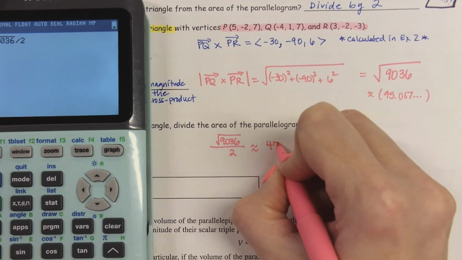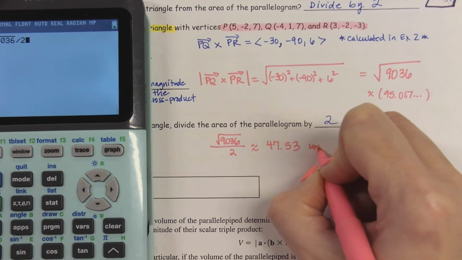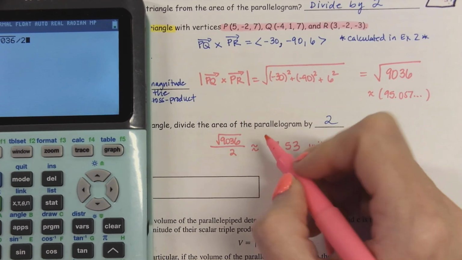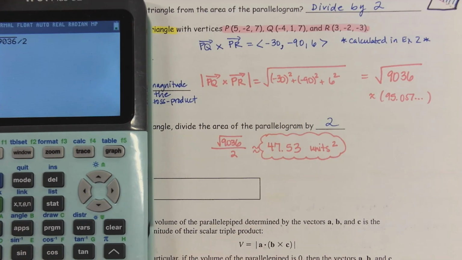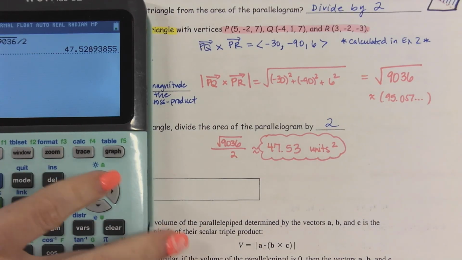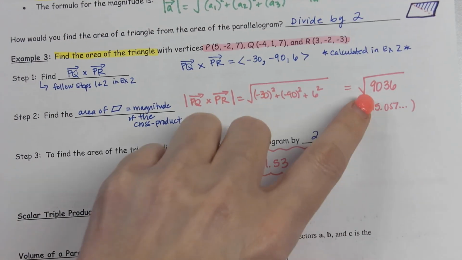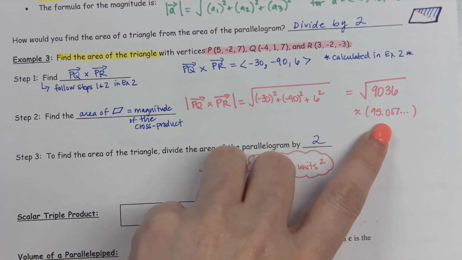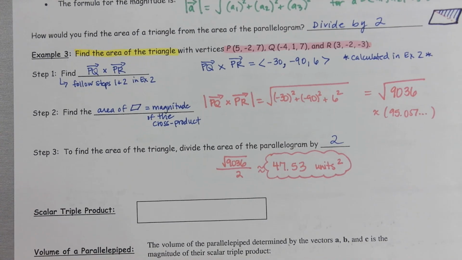Yes, good. 47.53, and because we're finding the area, we're going to write the units squared, and that is going to be your final answer. And if they ask you to find the area of the parallelogram, you would just stop here and round there. So either one will be good.